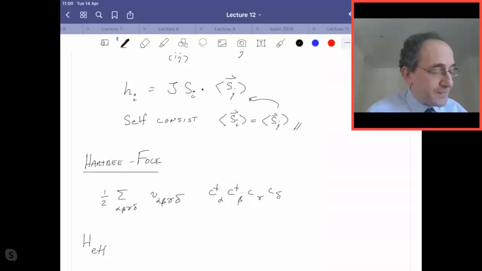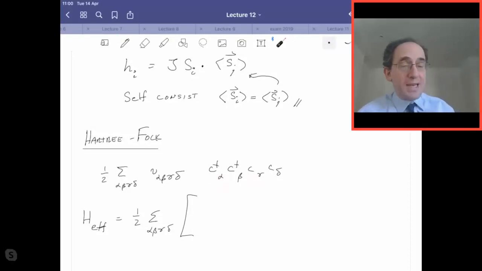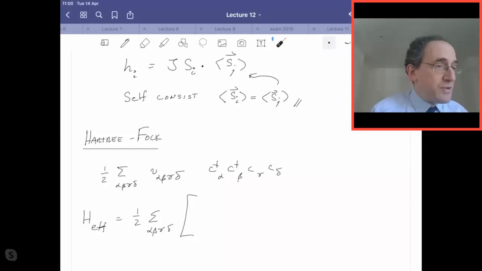So we don't know how to deal with a four-fermion term here, but what I can do is take an average of two of these operators, a C dagger and a C, and leave the other two unaveraged. That's the scheme for writing our effective Hamiltonian. The effective Hamiltonian will be the same, one half sum over alpha, beta, gamma, delta, and now I'm going to take the average of one C dagger and one C at a time, and leave the other two unaveraged.